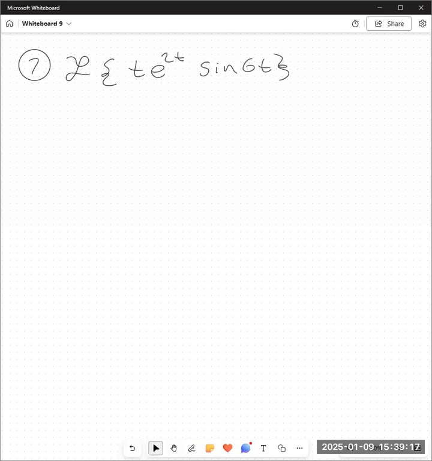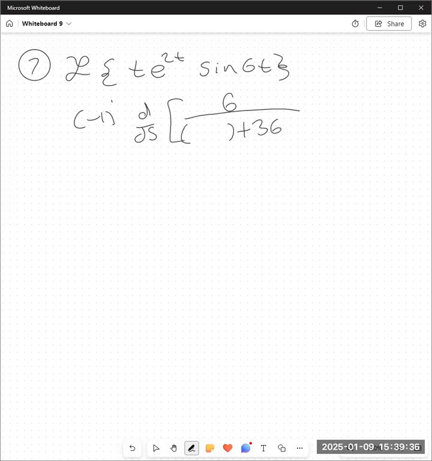So that multiplier of t is going to give me a negative 1 to the first, and then the first derivative of, sine is going to be 6 over 36.